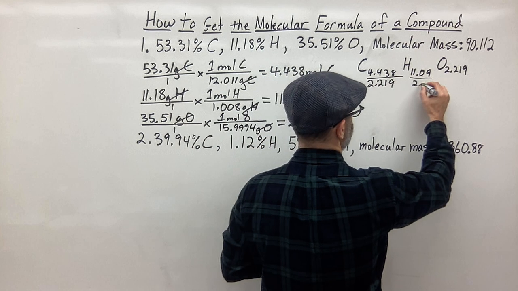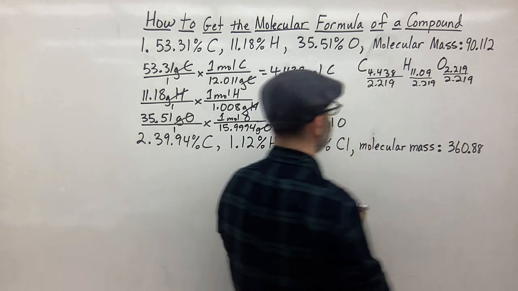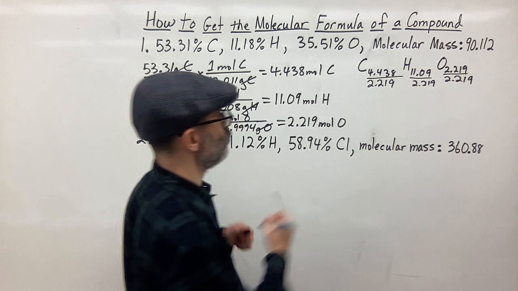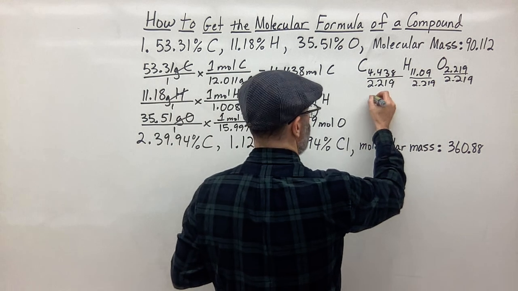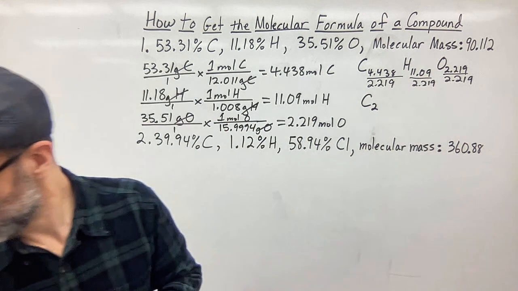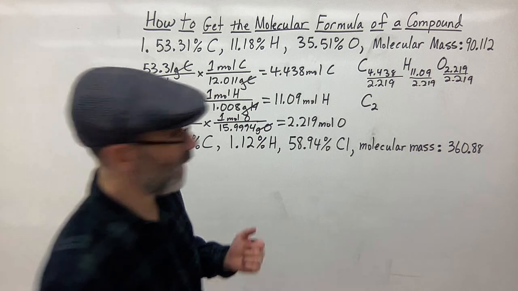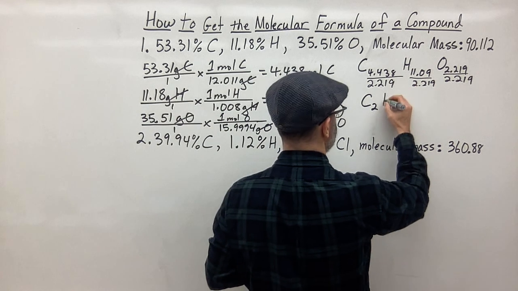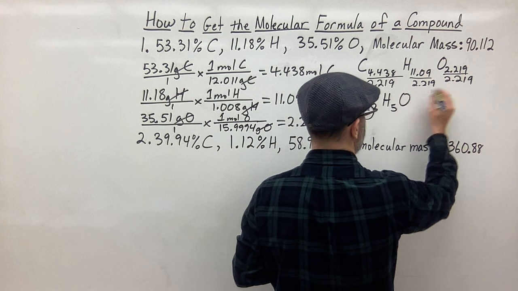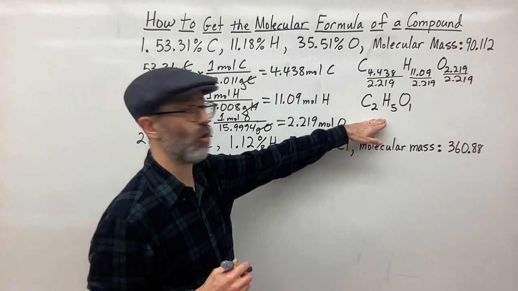When I divide, carbon gives me 2 moles. Hydrogen gives approximately 5, very close to 5, so I'm rounding this to 5. And oxygen divided by itself is 1. So that is the empirical formula.